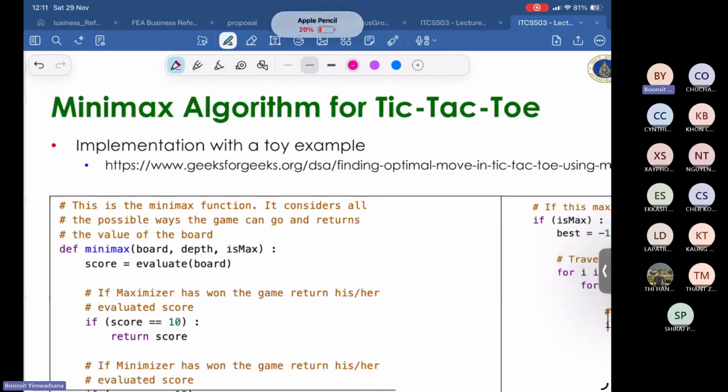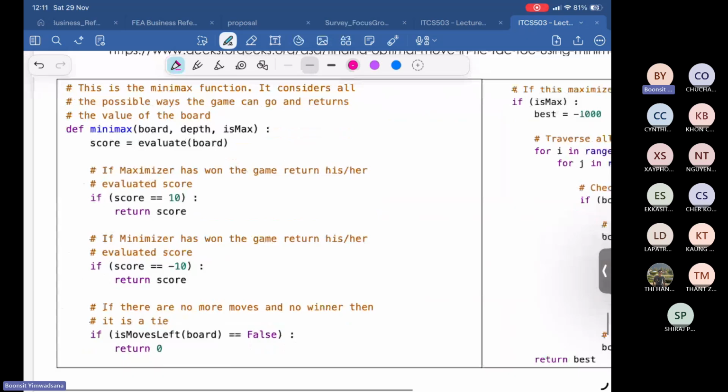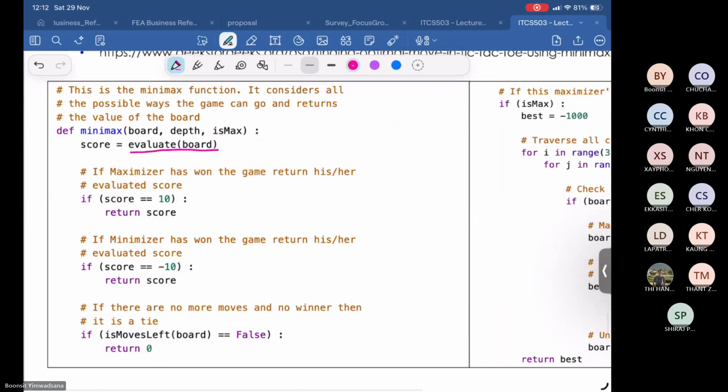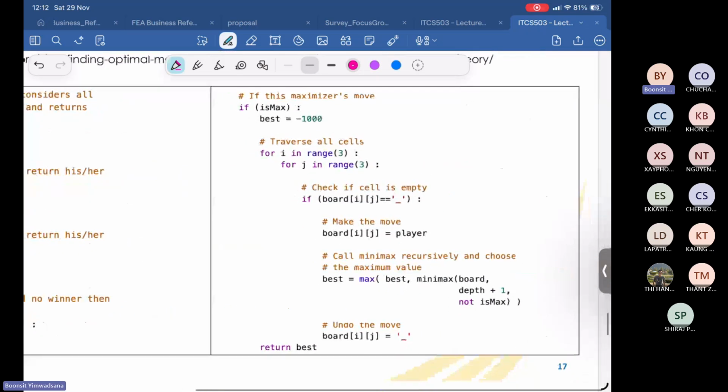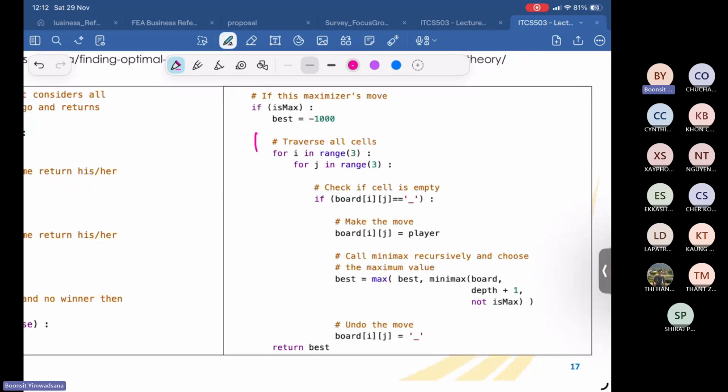And what is the minimax function? The minimax function first will try to evaluate the current value of the board by checking first whether I have any position left, and if it is, then the function will traverse all the cells, and for each cell, it will try to find out the minimax value.